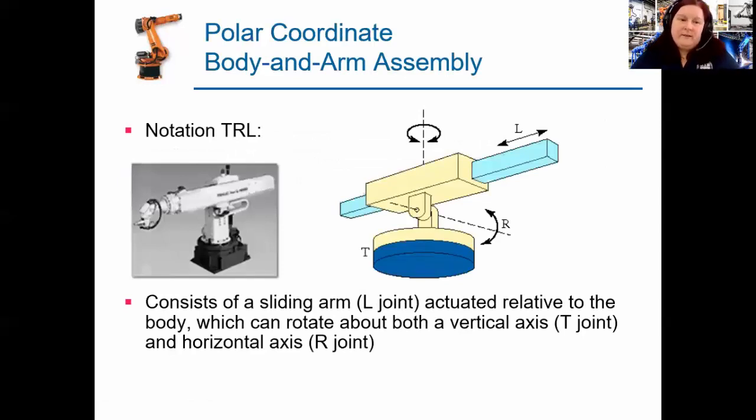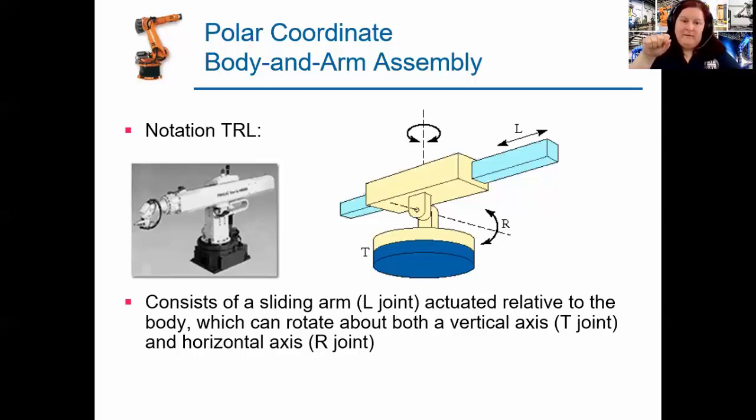The first one that we're reviewing here is called the polar coordinate body and arm assembly. If you take a look here, the base is rotational, so we do have that axis that moves around like this. And then we have another rotation on top of it.